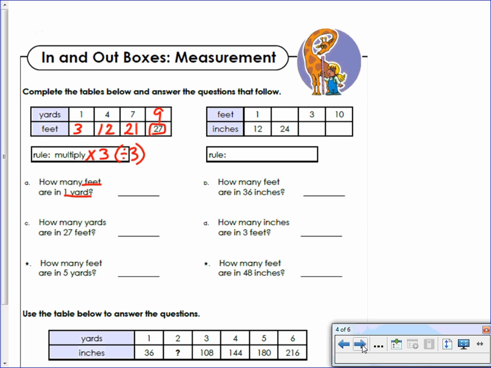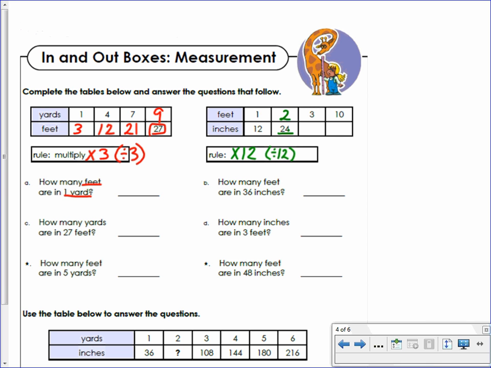We know our rule is going to be times 12. We also know that the opposite of that for when we have numbers on the bottom is going to be divide by 12. Here we have 24 divided by 12 is going to give us that 2.